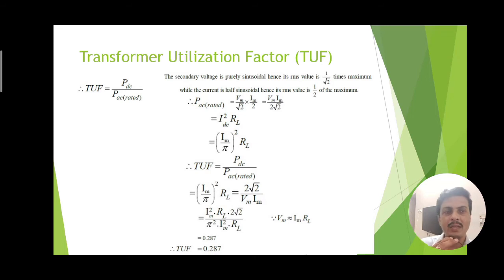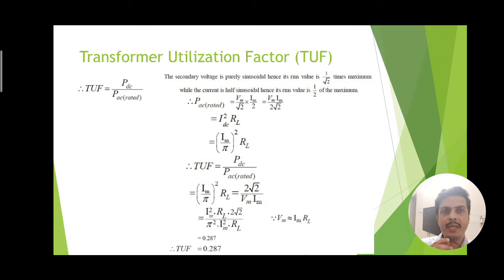Another important factor is the transformer utilization factor. The secondary voltage is purely sinusoidal, hence its RMS value is 1 by root 2 times the maximum, while the current is half sinusoidal, hence its RMS value is half of the maximum.